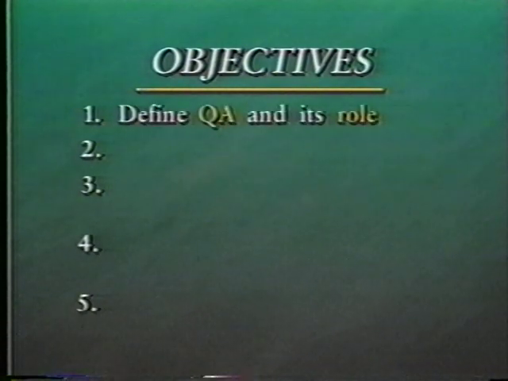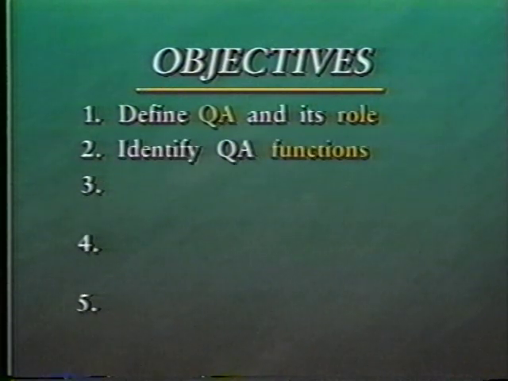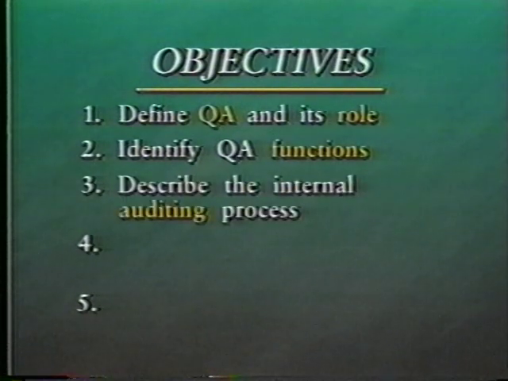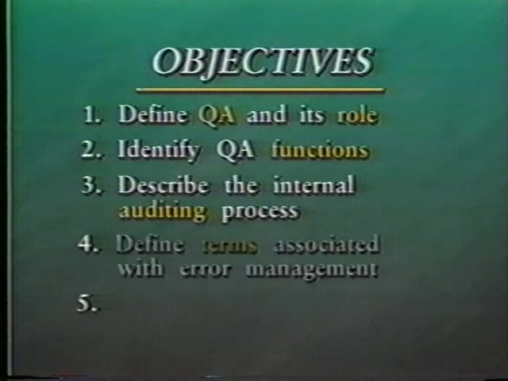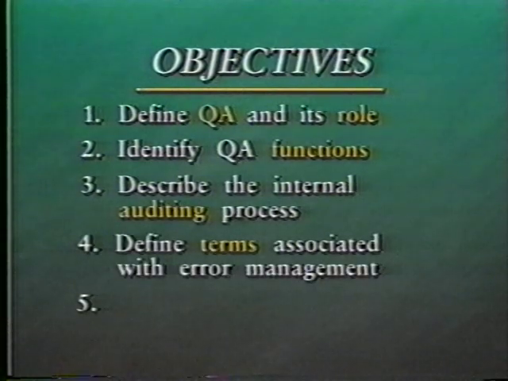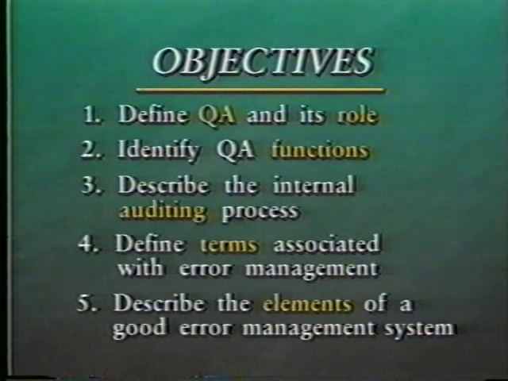After completing this training program, you should be able to define quality assurance and the role of the QA unit in blood establishments, identify the important quality assurance functions, describe the characteristics of an effective internal auditing process, define the terms associated with error management, and describe the elements of a good error management system. Let's get started with a discussion of quality assurance, or QA, in blood establishments.